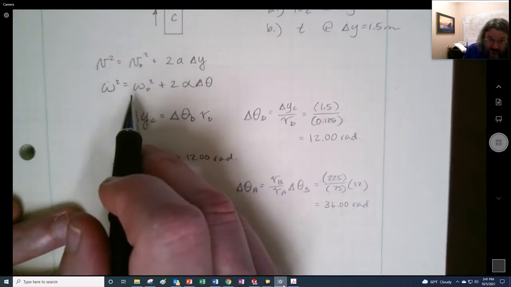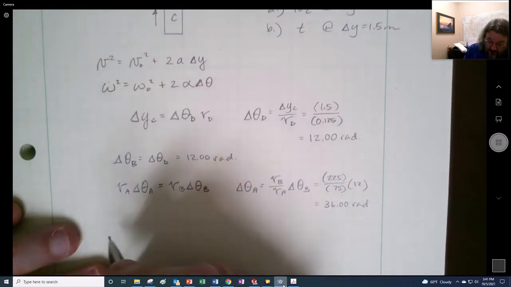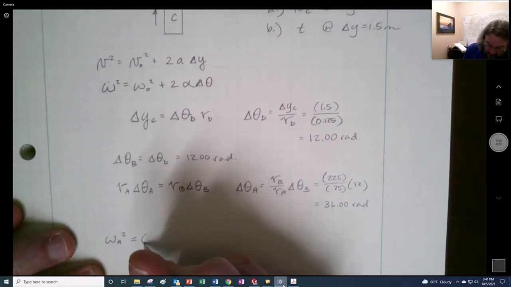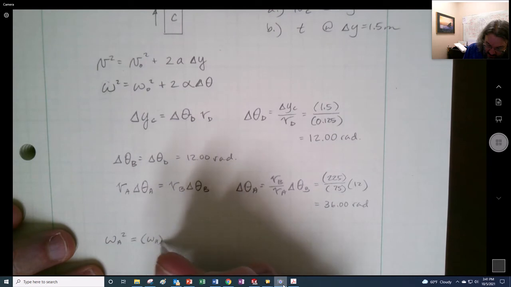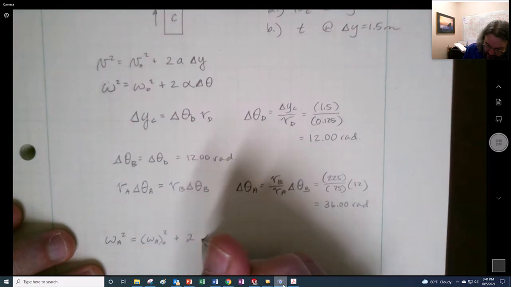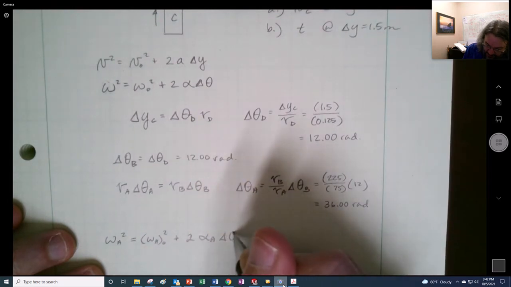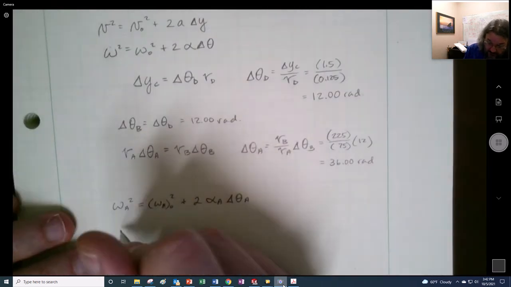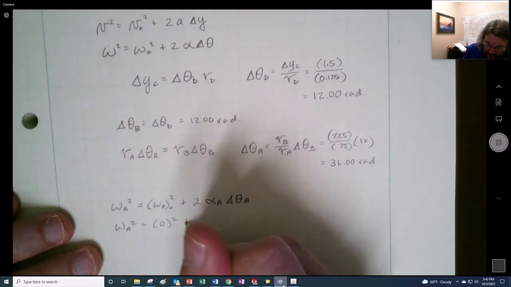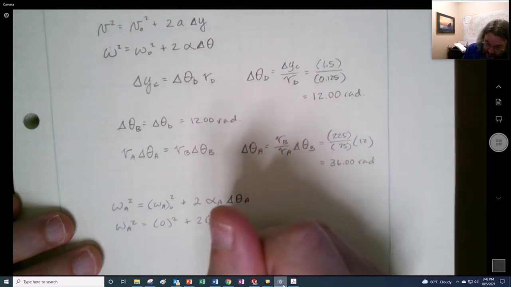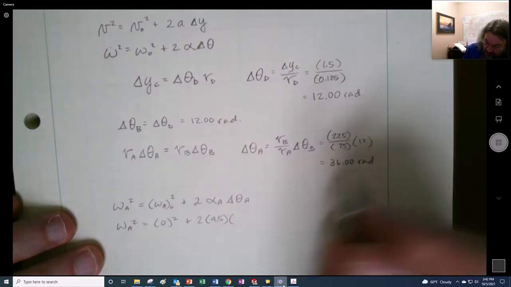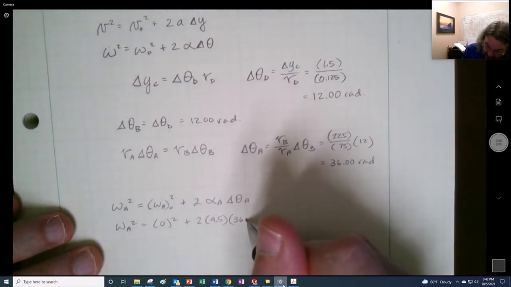We can go back up into this equation and figure out what omega A is going to be. Omega A squared is equal to omega A at the beginning squared plus 2 times alpha A times delta theta A. So omega A squared is equal to 0 squared, since it starts from rest, plus 2 times 4.5 radians per second squared times my 36 radians.